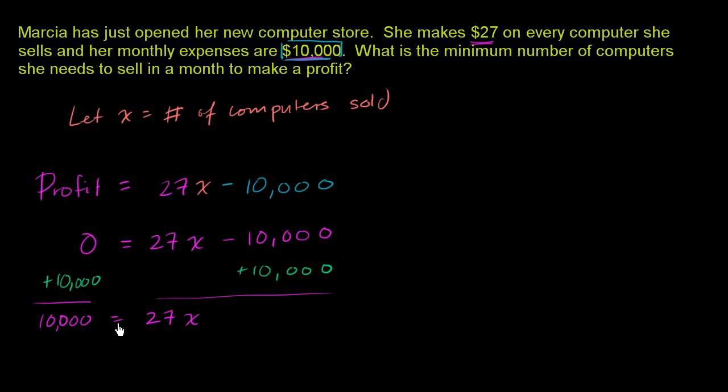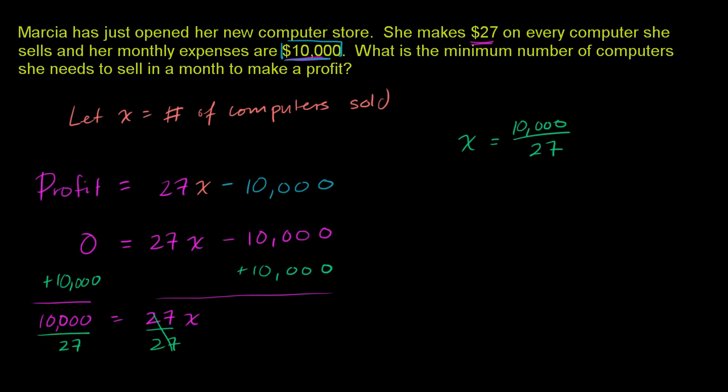To solve for x, we just have to divide both sides by 27. So x is going to be equal to 10,000 over 27. I've switched the right and left-hand sides here.